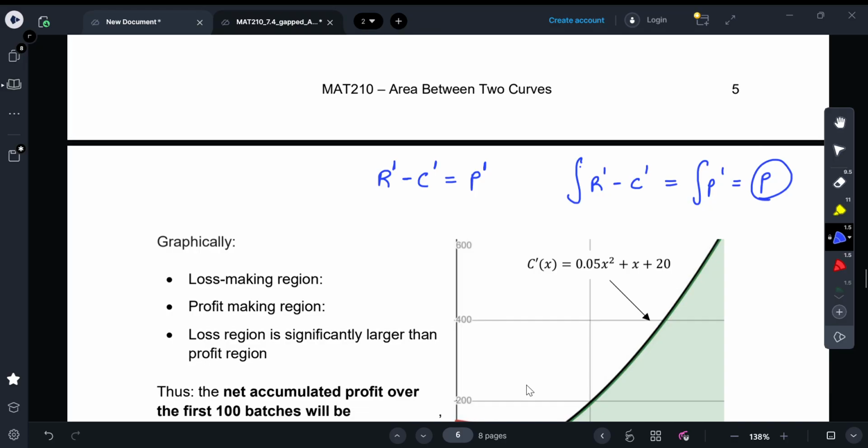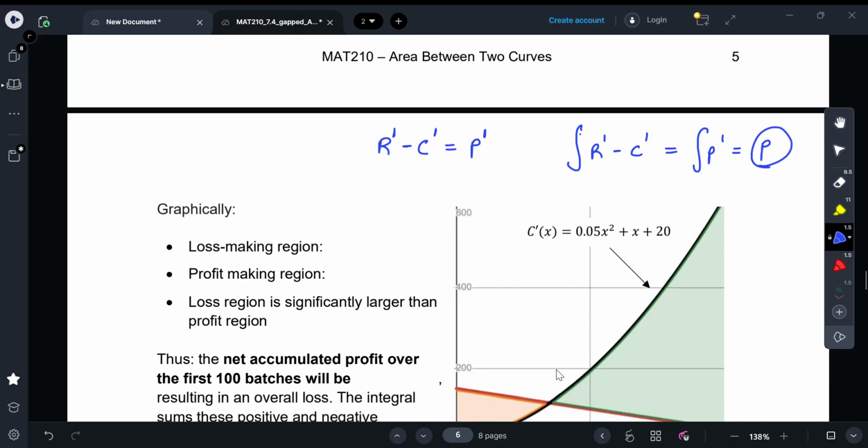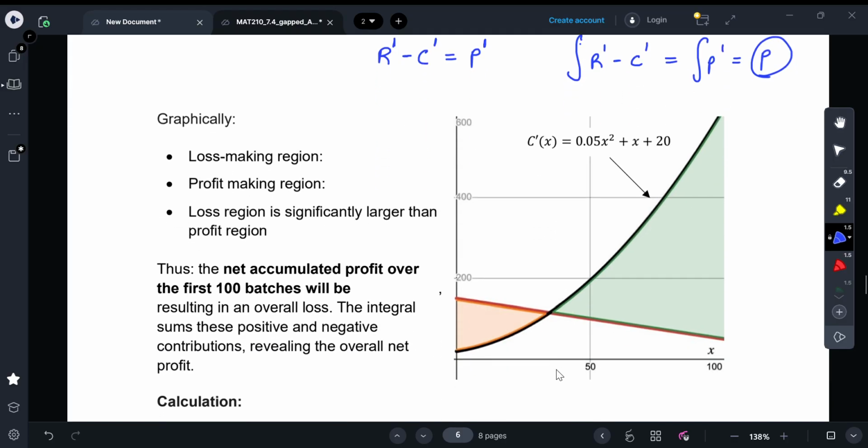All right. So let's fill this graph. I have this graph right here. You can see my cost function is the green guy, which is the cost change, and the red function is the revenue guy. Sometimes the revenue is more, sometimes the revenue is less, cost is more.